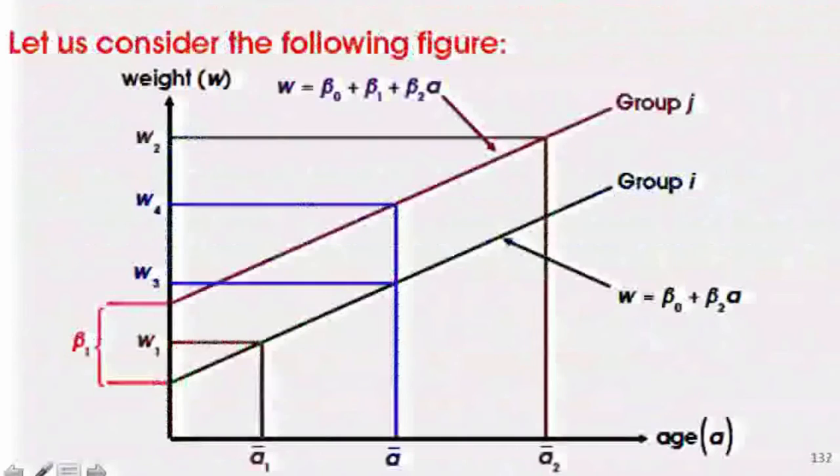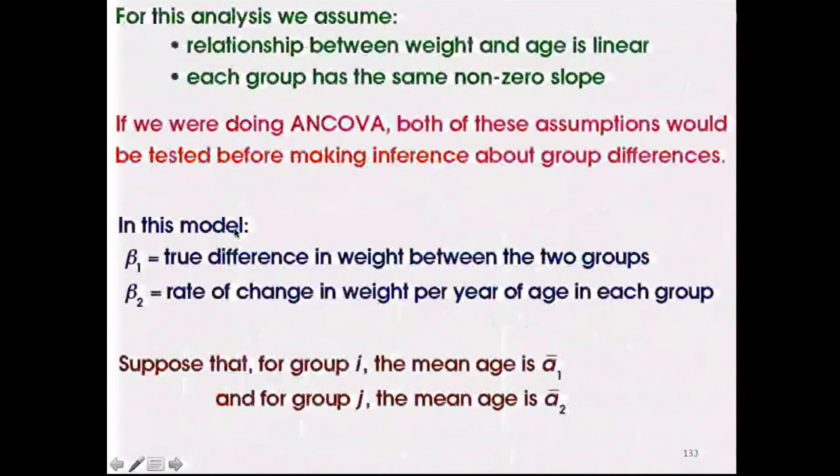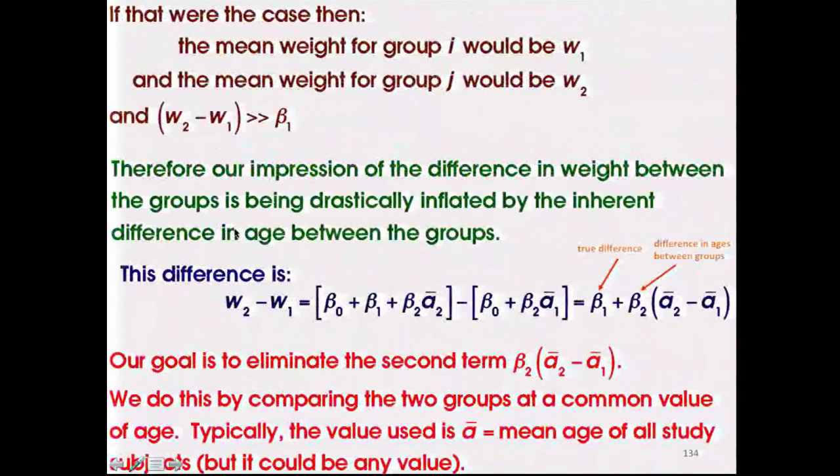The difference between W2 and W1 is much, much bigger than the true difference, which is beta 1. So our impression of the difference in weight between males and females is being drastically inflated by the inherent difference in age between the groups.